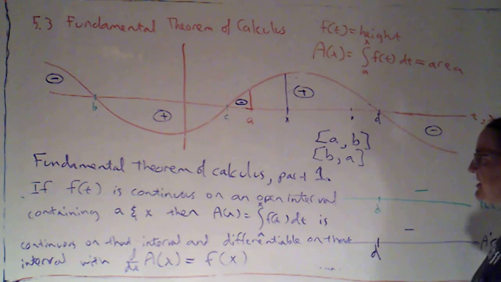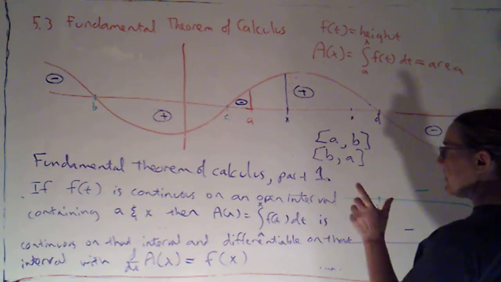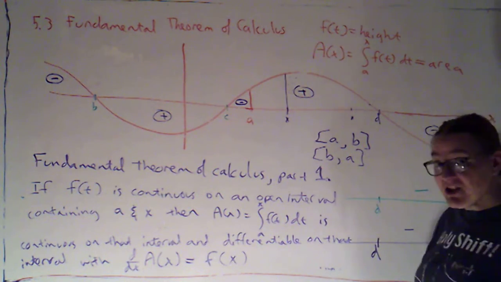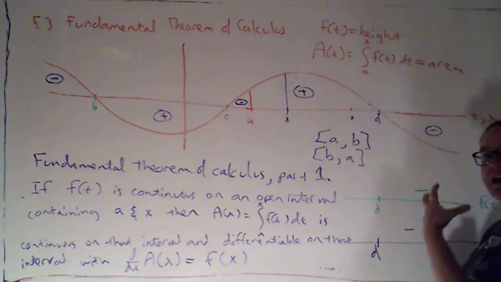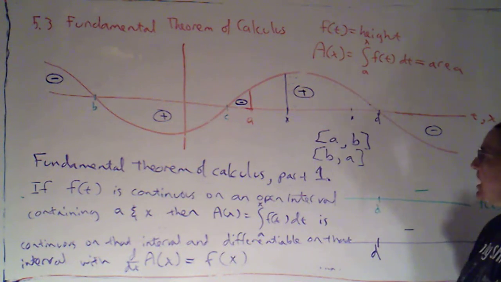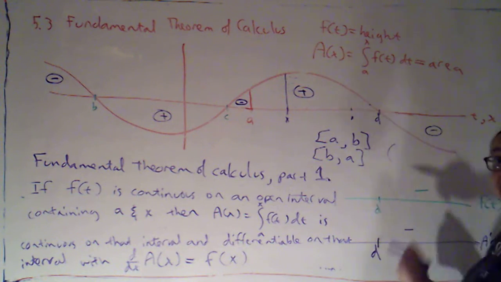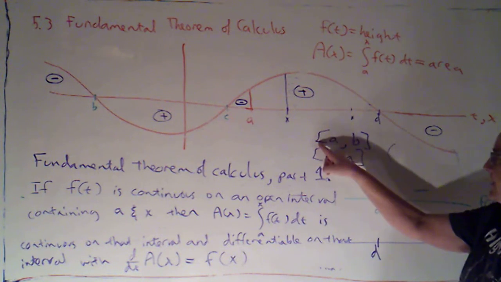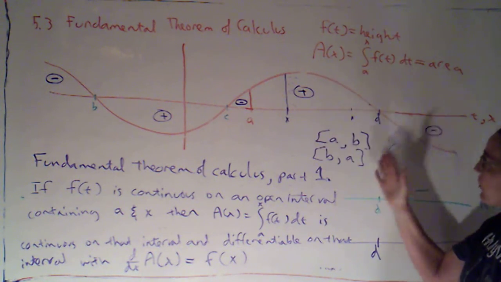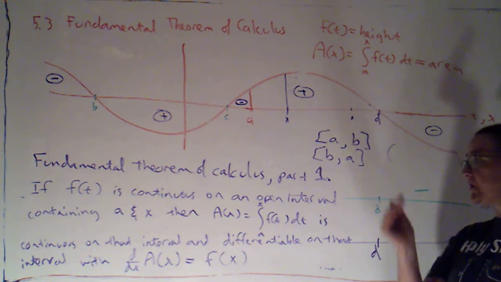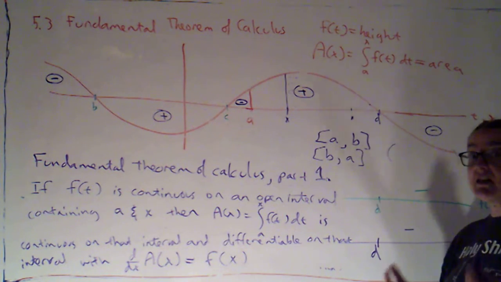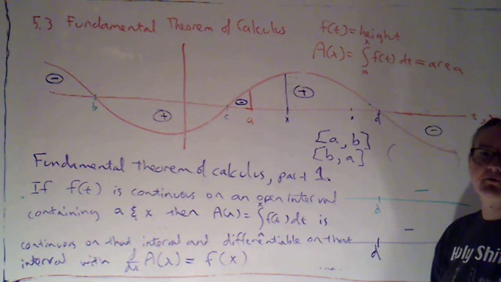What's missing from my statement, though, is that the function would be continuous at a even if a was an endpoint of the interval. An open interval, remember, is one that we would describe with parentheses, not including the endpoints. If a or x is the endpoint of a closed interval, my area function is still continuous, but it might or might not be differentiable.